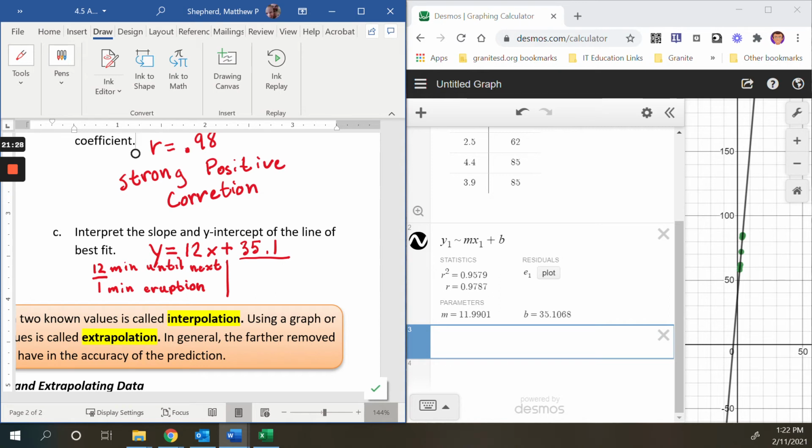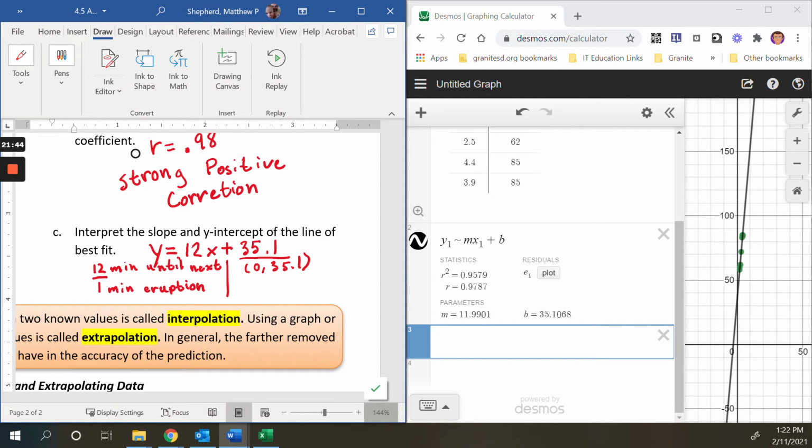So our y-intercept is kind of weird here because it's where your x is equal to 0. So we're saying if it erupted, but it erupted for no amount of time, so that's weird. That's not actually going to happen.